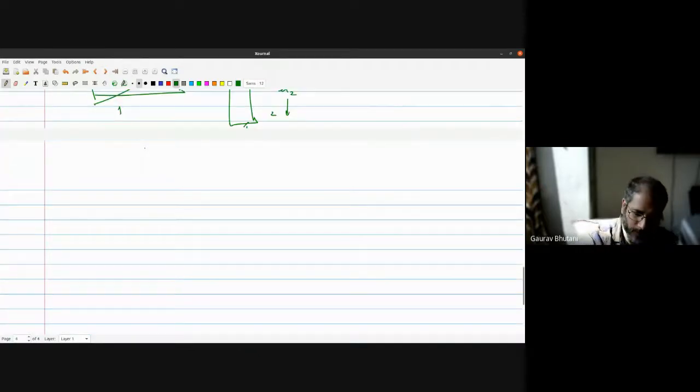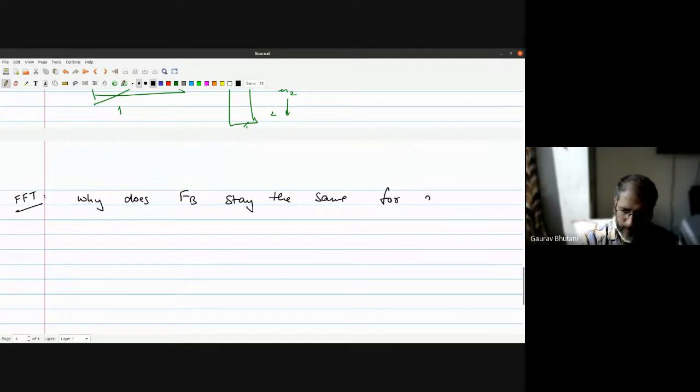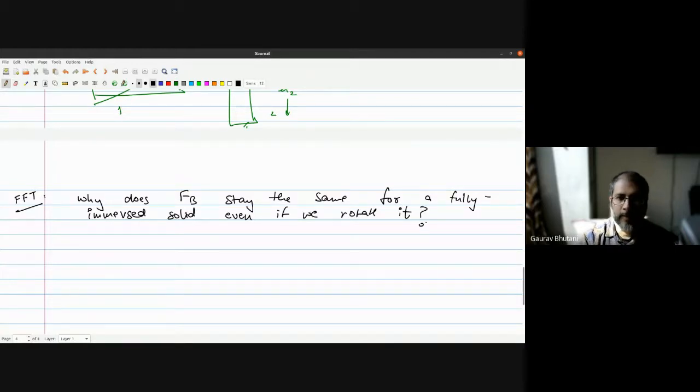So the food for thought: why does the force of buoyancy stay the same for a fully immersed solid even if we rotate it?